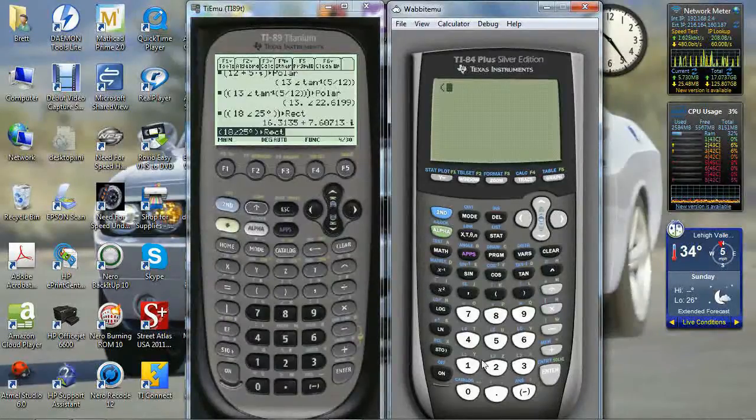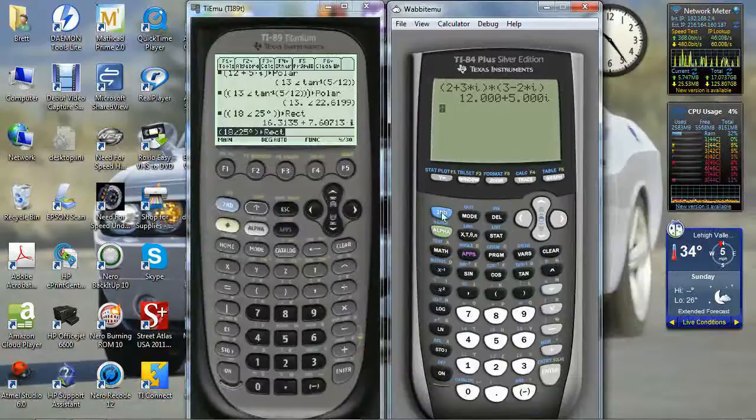So the first thing, I'm going to do the same problem, 2 plus 3 times second, and the decimal point gives you the i, times 3 minus 2 times second and decimal point for the i, and hit close parenthesis, hit enter, and I get the same value that I got on the 89. And now I want to convert to polar.